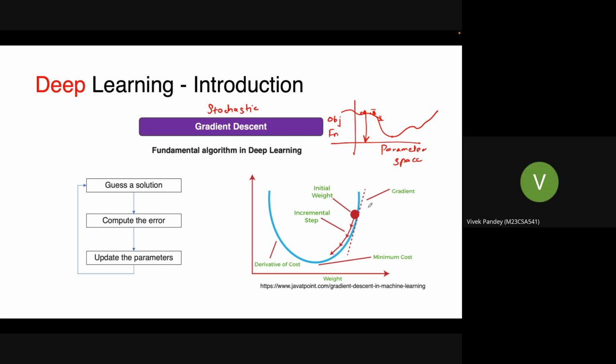Sir, how will we understand we are at minimum cost now? So once you are at this location, right, the gradient is flat, right? Okay. If you are slightly here, you will move here. If you're slightly here, you'll move here. At this point, zero. The gradient will become 0 at this point, right?